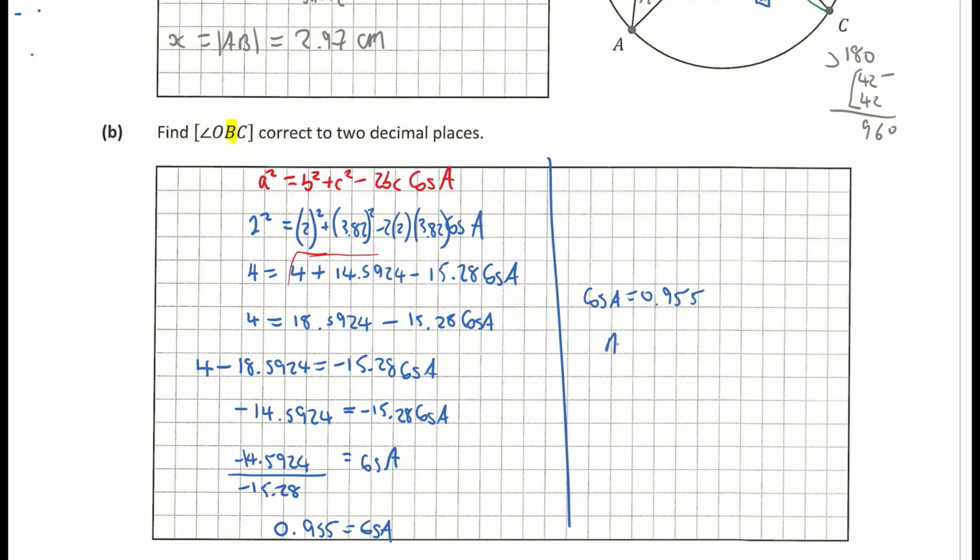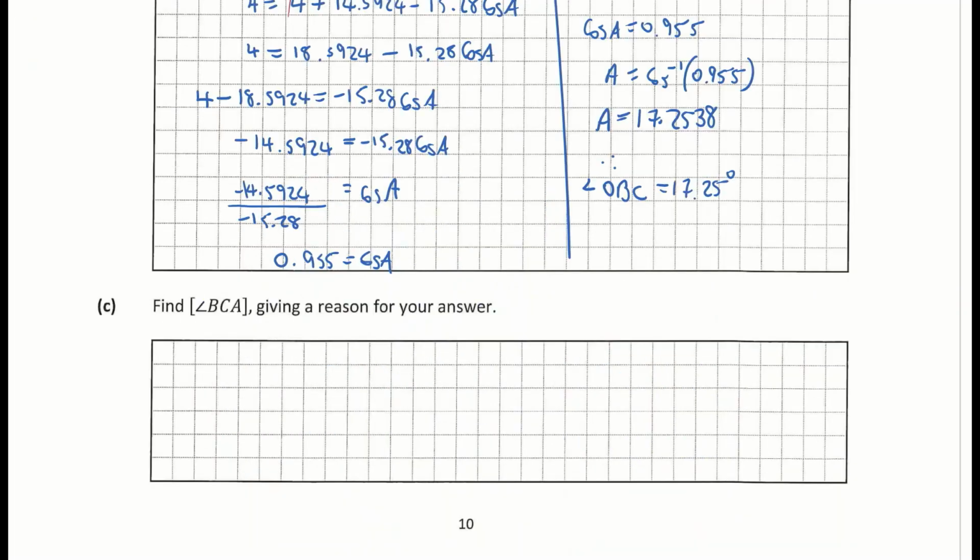To get A on its own, I need to find the cos inverse of 0.955, which is 17.2538. The question wants it to 2 decimal points, and the technical phrase for this angle is the angle OBC. So therefore angle OBC is equal to 17.25 degrees to 2 decimal places. The final part, part c.